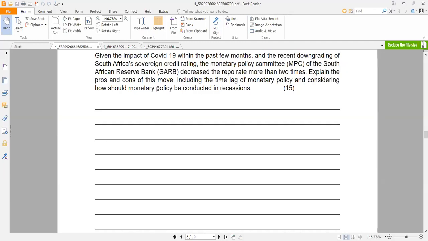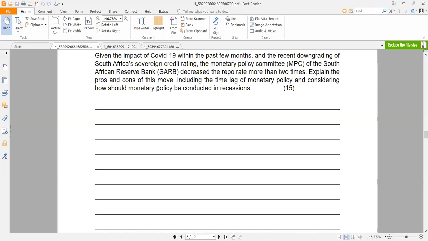What should we say? What I can say is that the move which was done by the SARB is in line with what was supposed to be done, because the economy was said to be in recession, and if it is in recession, the authorities should implement expansionary measures, just like what the SARB has done.